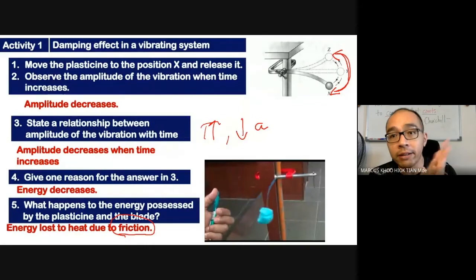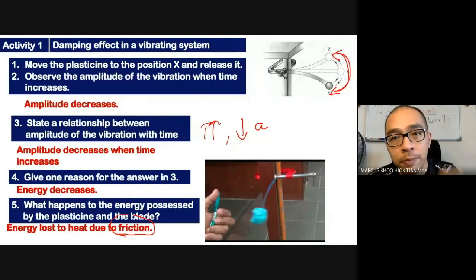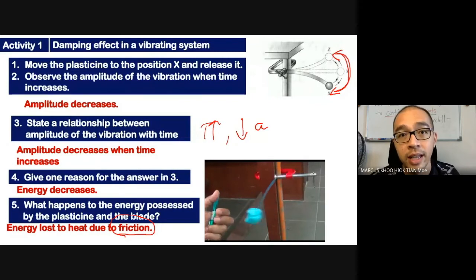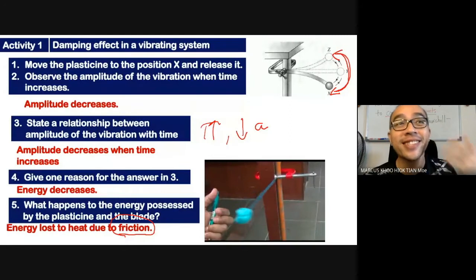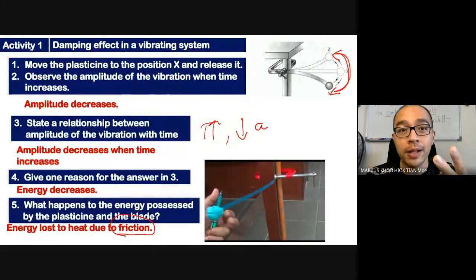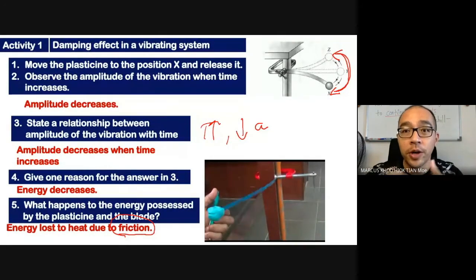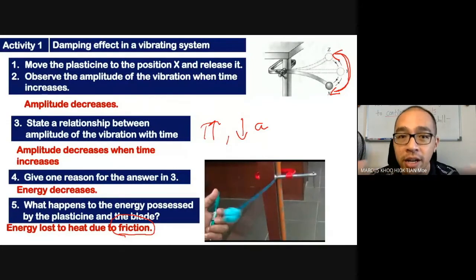Anything that bergeser always causes heat. When two people misunderstand each other, they are obviously going to get into a fight. Wow, friction causes heat is true. When two people are at odds with one another, they are going to bergeser with one another and they are going to get into a very heated debate.